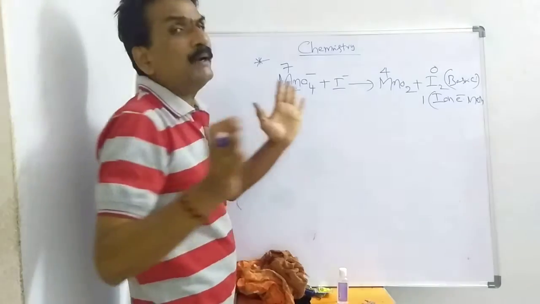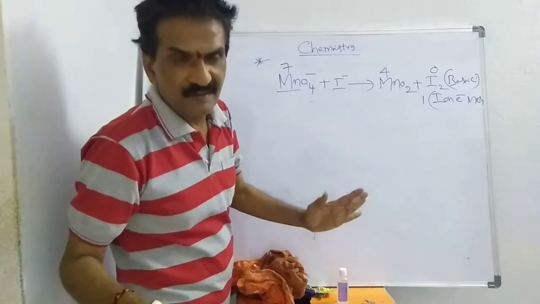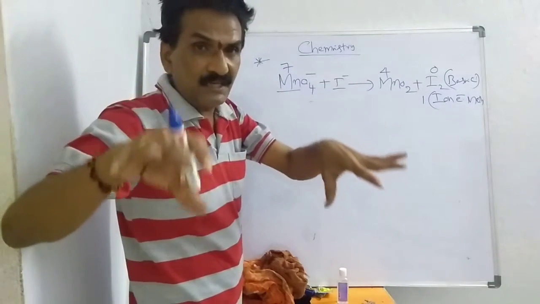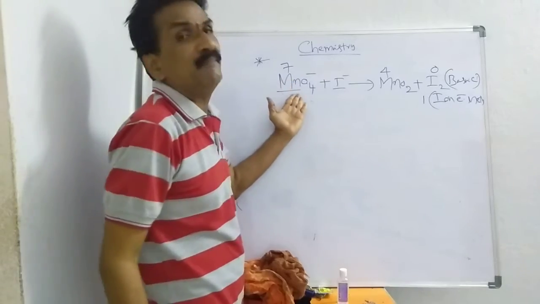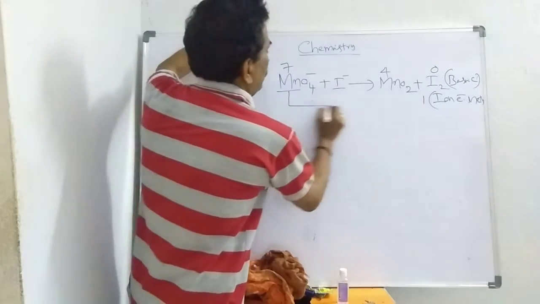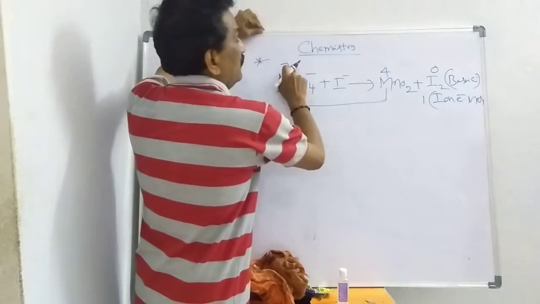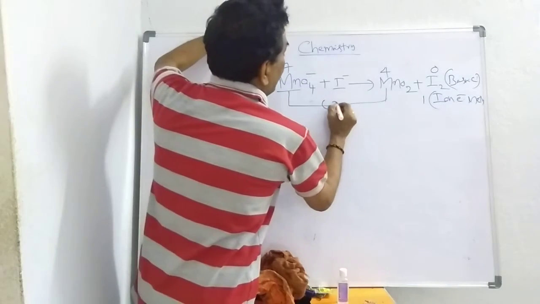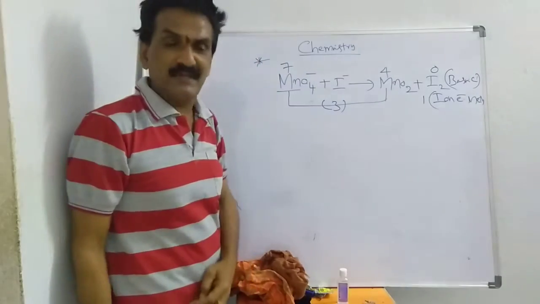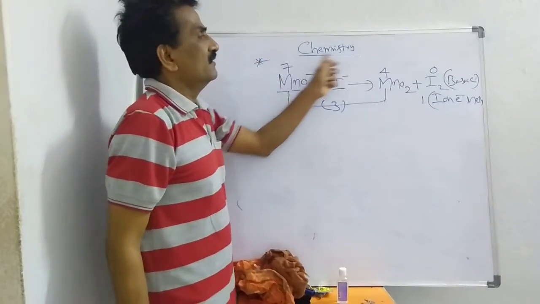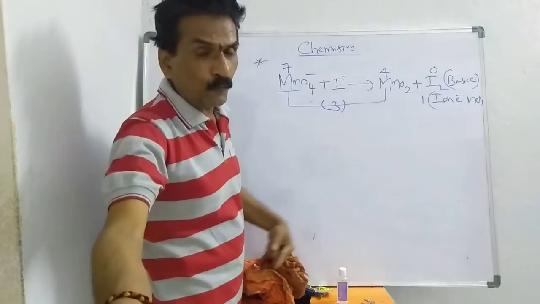Now, what happened in this equation? Is there any change in the oxidation number of the respective element? Simply note 7 and 4. There is a decrease in oxidation number: 7 comes down to 4.